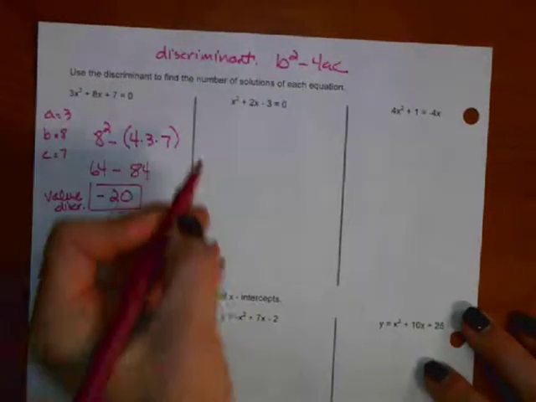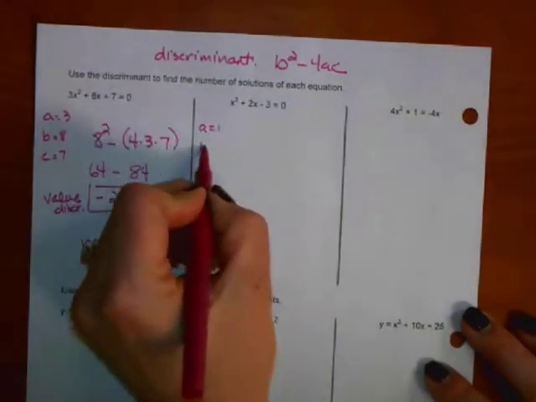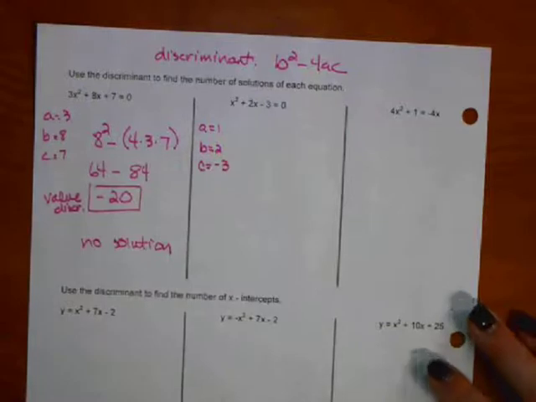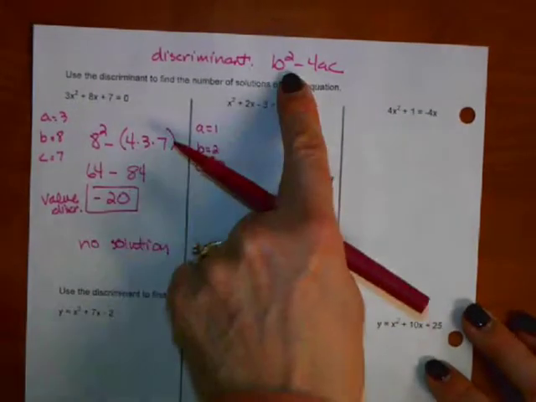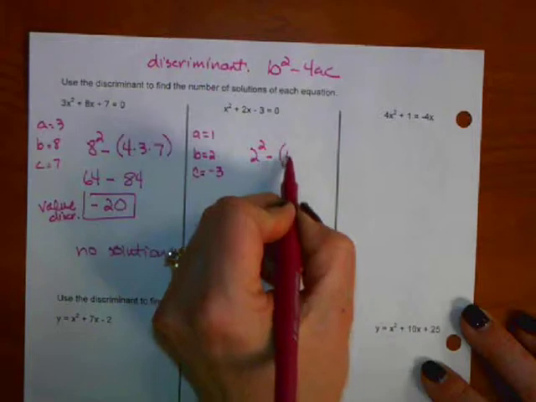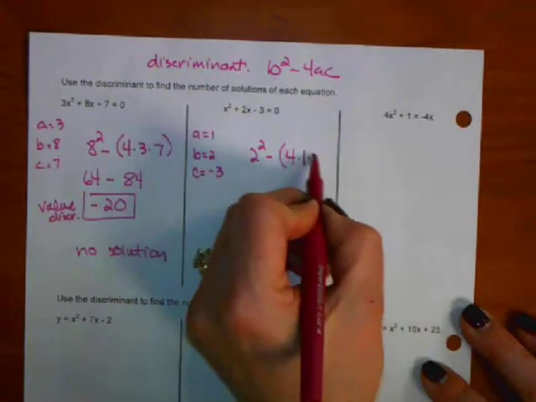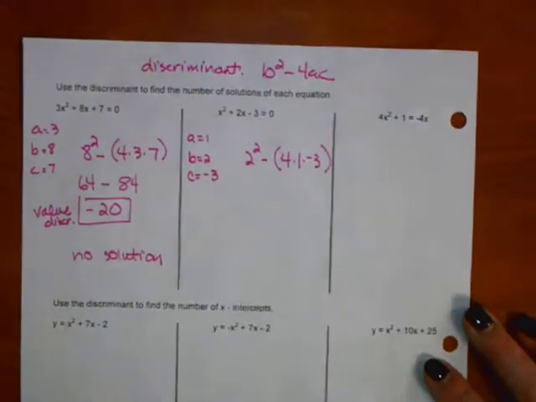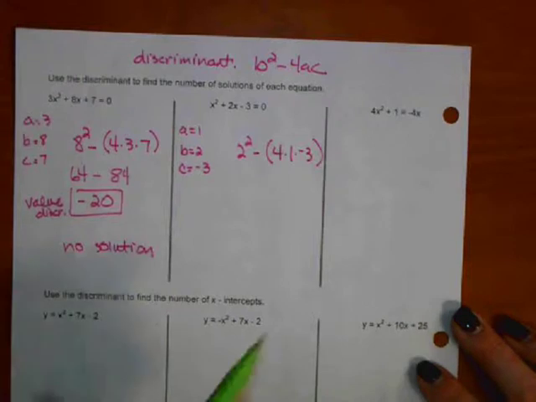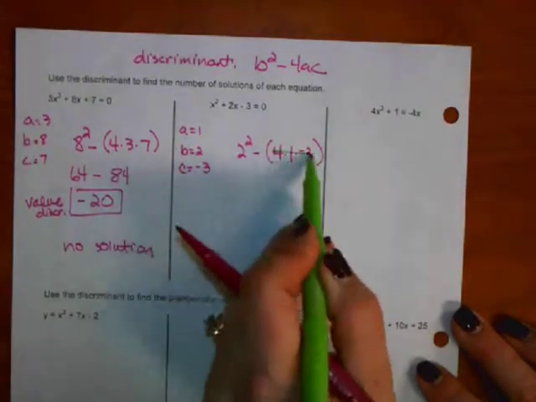Okay? All right, let's do the next one. a equals 1, b equals 2, c equals negative 3. Plug it into the discriminant. 2 squared minus 4 times 1 times negative 3. What's 4 times 1 times negative 3?